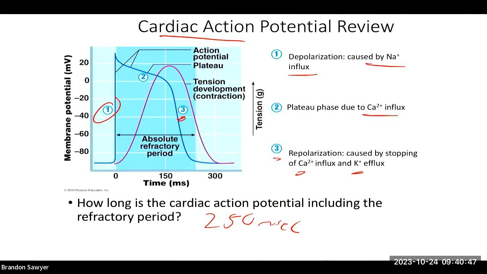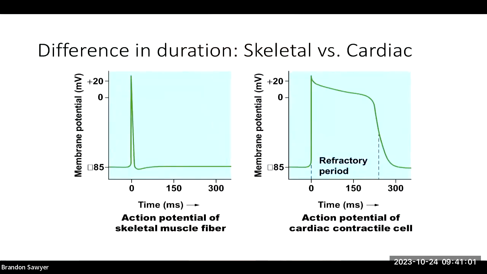Typically when we see the action potential for a skeletal muscle cell or a neuron, the scale on the x-axis is different. It almost looks like maybe it's the same length, but if you put them on the same scale like this, then you can see just how much different those two action potentials are. If we have the same scale down here out of 300, then we can see that this one is tiny.